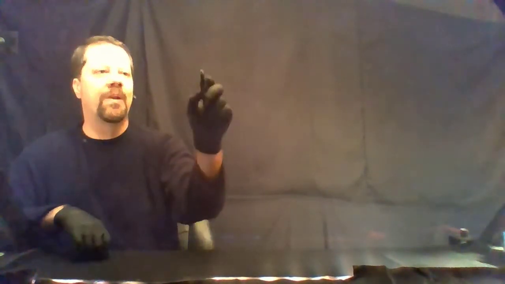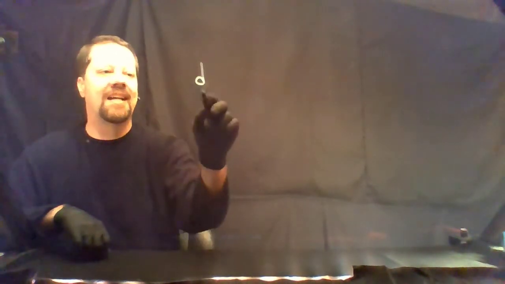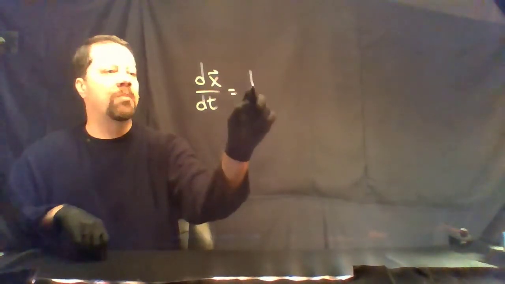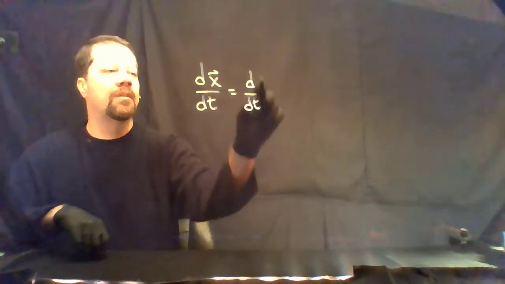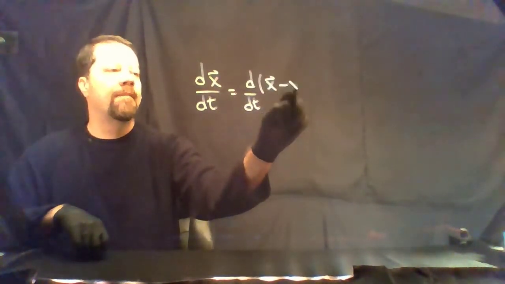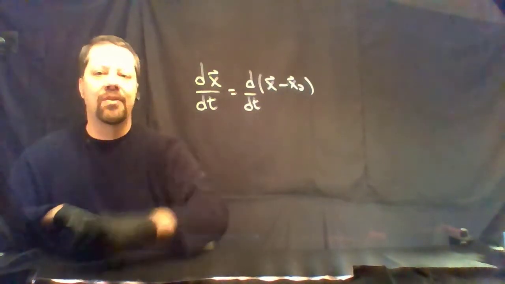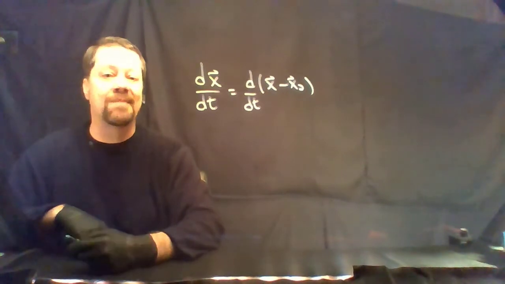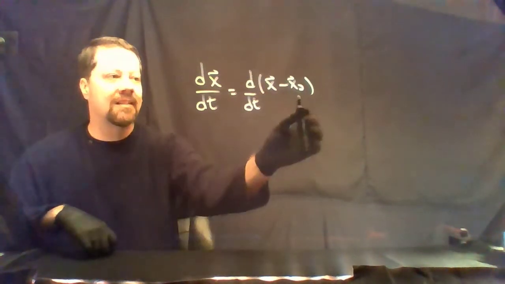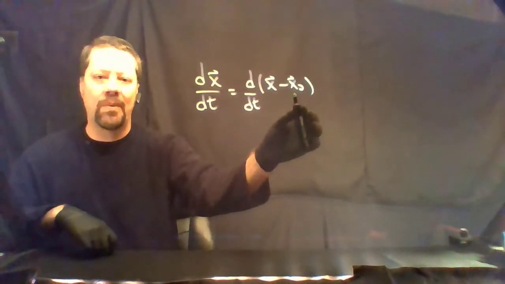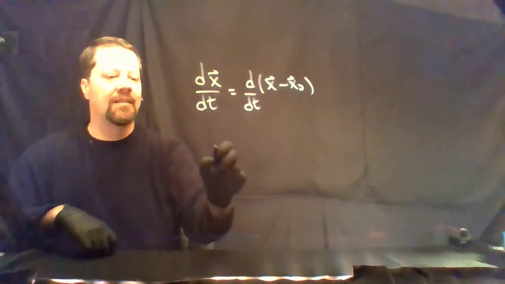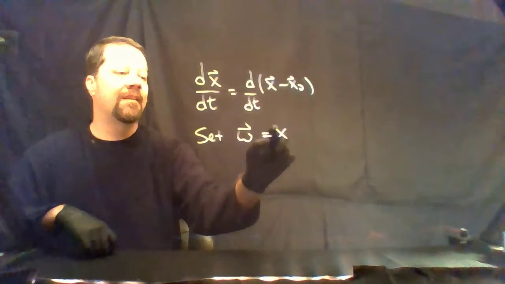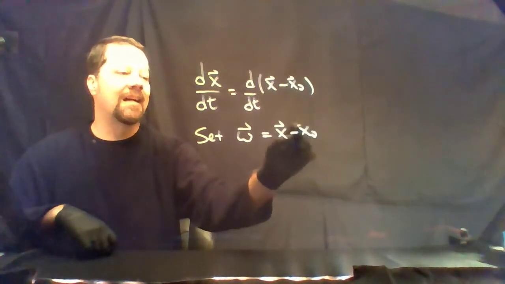We're almost at the point where we can describe the entire linearization. First, I need to point out that the derivative of x with respect to t gives you the same result as the derivative of x minus x naught with respect to t, since x naught is a constant point. What we'll do is we'll set w to be x minus x naught.